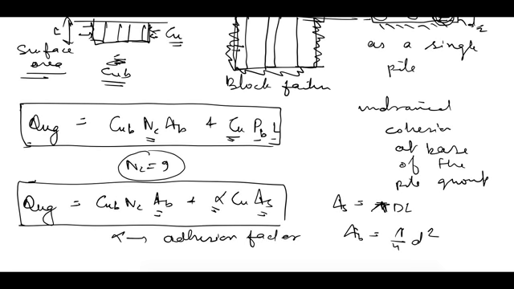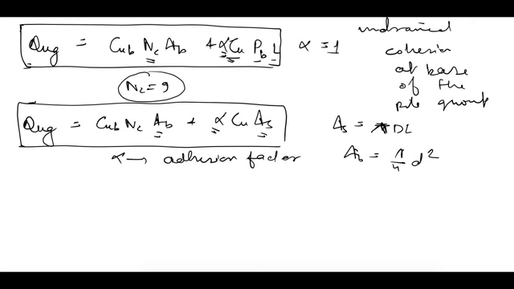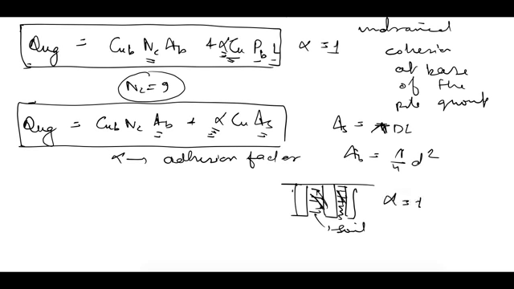And in this case we are not using alpha, or we can say if we are writing alpha here, then alpha is equal to 1. So why is alpha less than 1 mostly in case of single pile, and here it is equal to 1? Because in a pile group, if it is failing as a group, then in this part the soil is there and it is interacting with the surrounding soil, and because of that this adhesion factor becomes equal to 1.